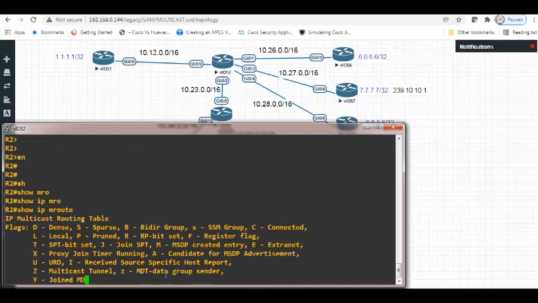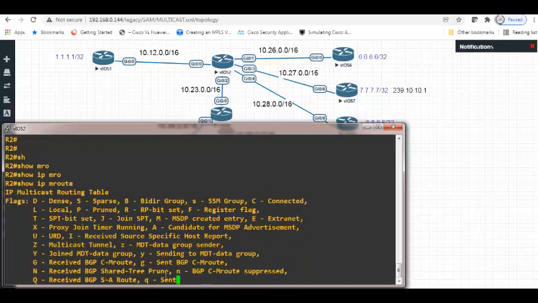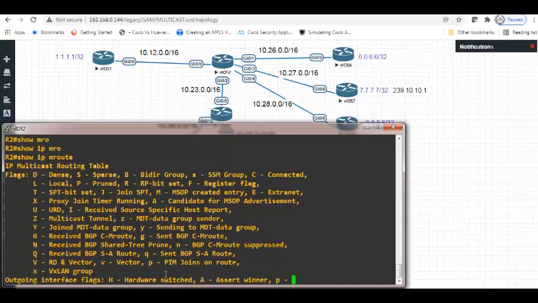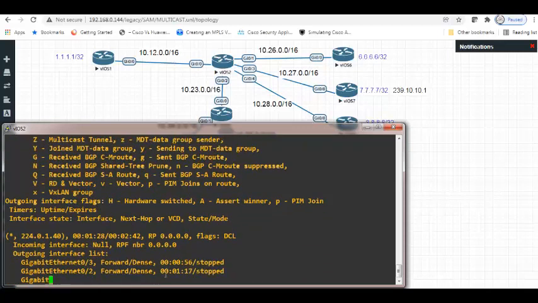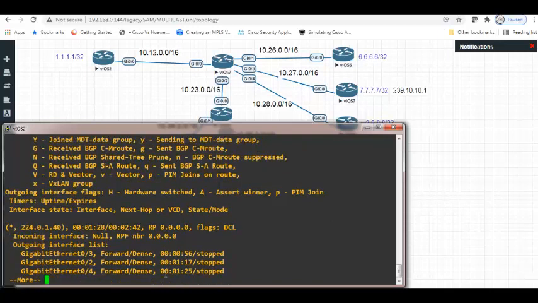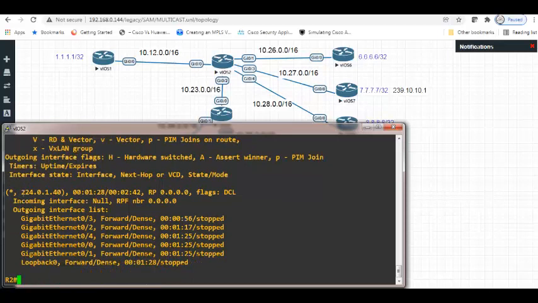Now this router will not know anything about 239.10.10.1. See, there is no mention of 239.10.10.1. We got only 224.0.1.40. As I said earlier, this is a default multicast group which every Cisco router will join when you enable multicasting.